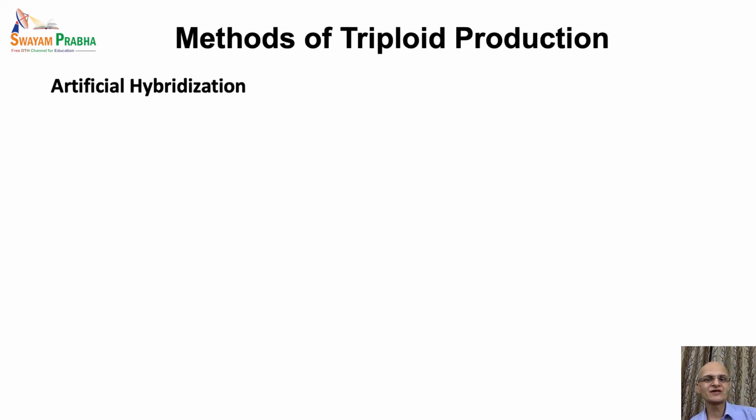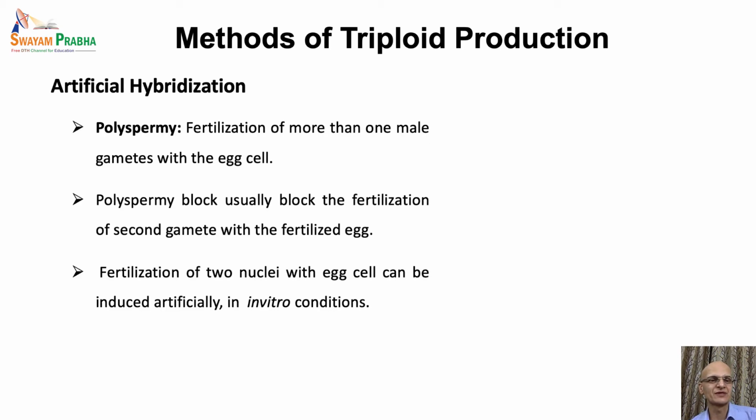Now, artificial induction of triploidy can also be achieved by polyspermy. Polyspermy is the fertilization of more than one male gamete with the egg cell, and it can result in higher ploidy too.